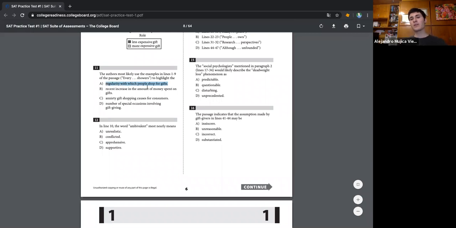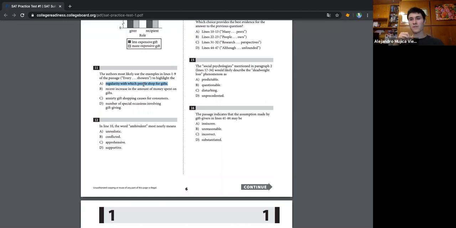So this would be the most appropriate sort of argument they're highlighting with those examples. They're highlighting how regularly people shop for gifts. They're not focusing on the special occasions, they're focusing on how often people have to go and shop for gifts, because they're setting up an argument about the importance of gift giving, right?